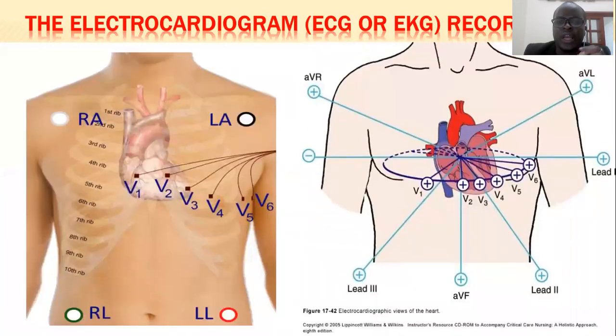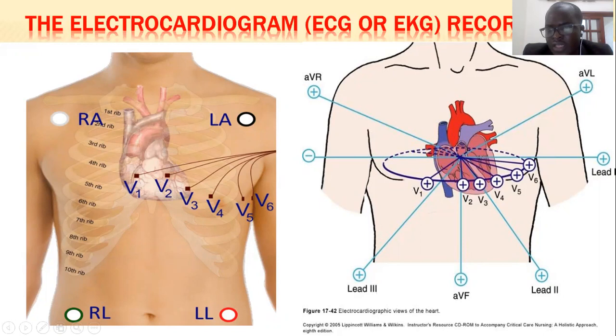So where do the other chest leads come in? You can see in this diagram that I'm introducing the chest leads. You still have that normal cardiac axis. You can see you have AVR this side, AVL, lead 1, lead 2, AVF, and lead 3.